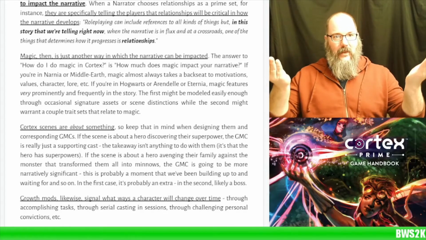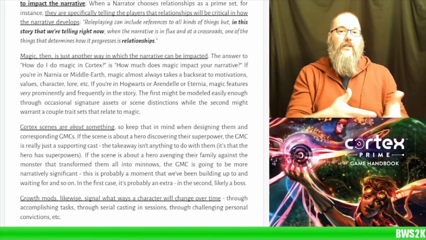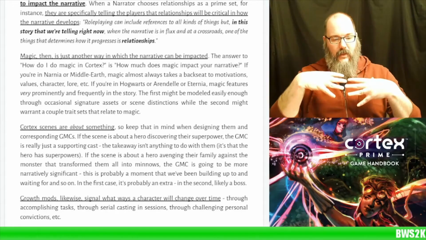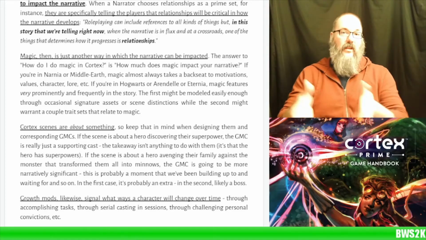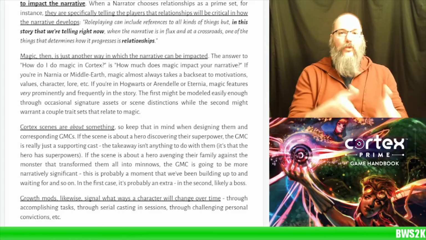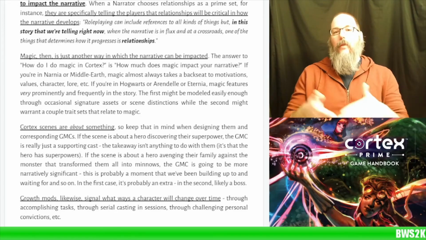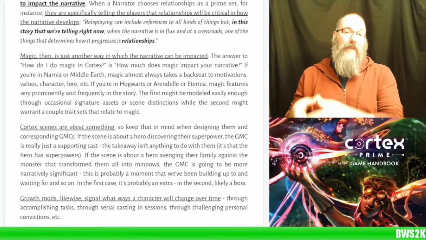So it goes back to that original point of those ratings being how you impact the narrative, and to the second point of the sets and mods being a signal to players that these are the things that are important. Then how do you represent magic in Cortex? You need to decide how important magic is to the story and how impactful you want it to be to the narrative.